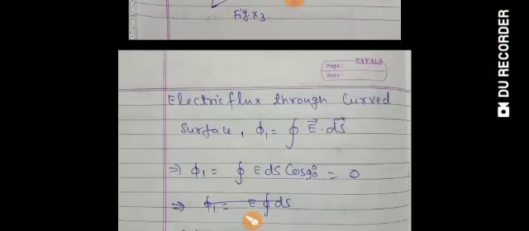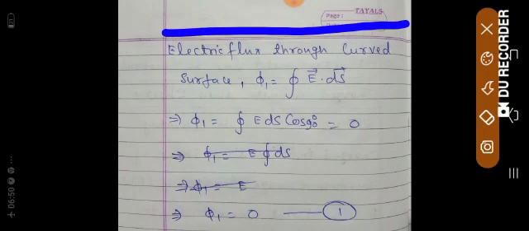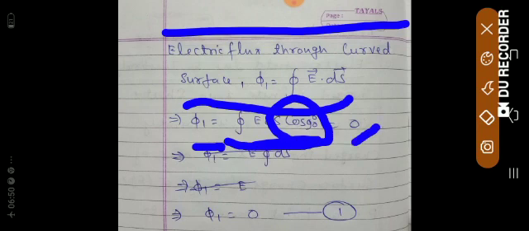So I am going to calculate it on the next page. Yes, electric flux through the curved surface area, phi 1, is the integral of E dot ds, as you know. Phi 1 equals surface integral E ds cos 90. Cos 90 is 0, it is simple maths of 9th or 10th class. So phi 1 is 0. So we got equation number 1, students.